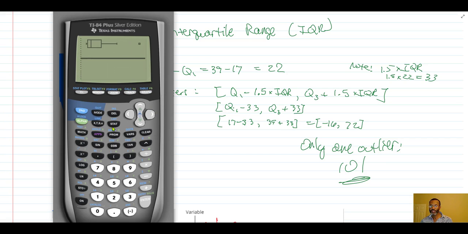When I graph this one, and then where's trace here? Trace is right here. So if I hit trace and step through, notice that it gives me the max of 101, and then it eliminates the outlier and finds the first value in the data set that is within the interval of -16 to 72. So it lets you know, in fact, what that outlier is.